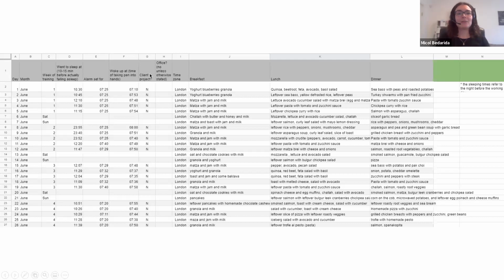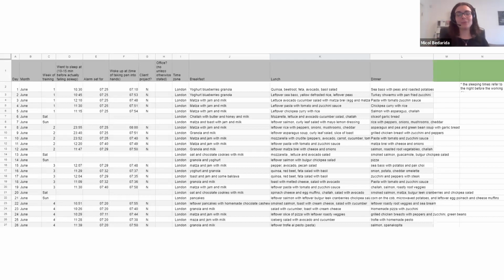And you can see I added other columns of data, which I had not planned to do to begin with. But one of the beauties of using personal data for vising is that you can add as much data as you want as you go along. So for example, when COVID restrictions eased, I went back to the office on a few occasions, and I started wondering whether my sleep times would be affected by the commute.